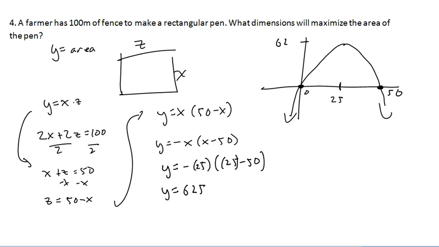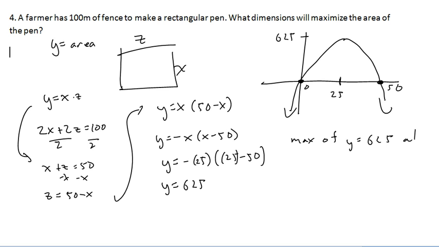So we know that this is 625. So we've got a max of y equals 625 at x equals, what's going on with my pen? There we go, we got the pen working again. So 625 at x equals 25.